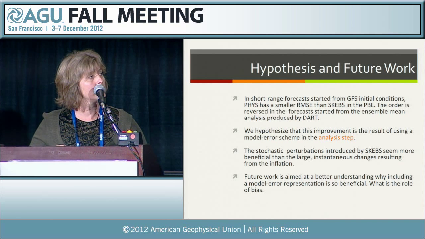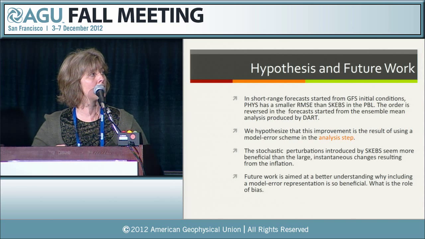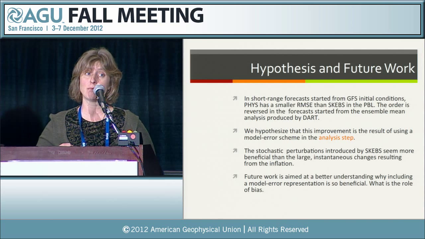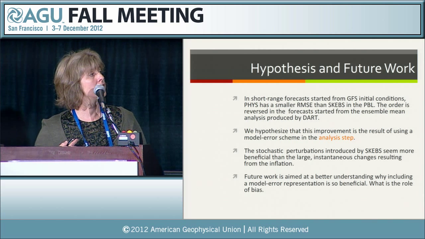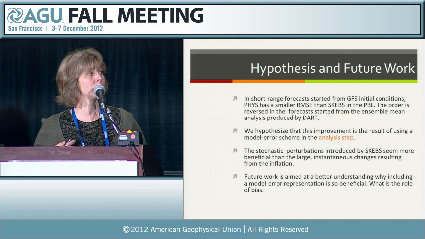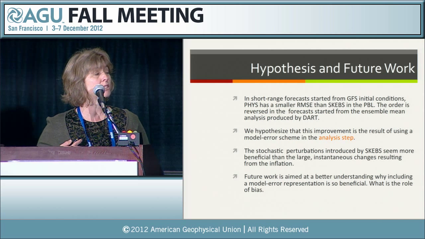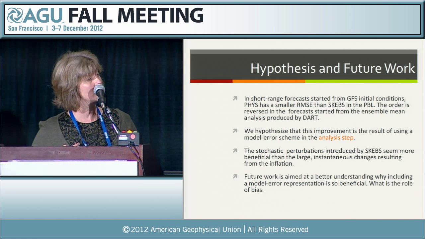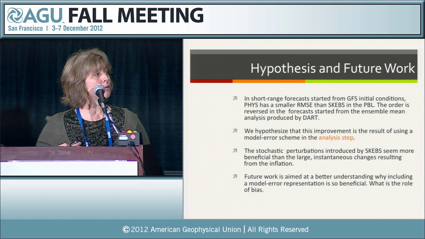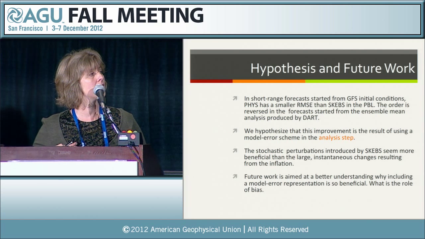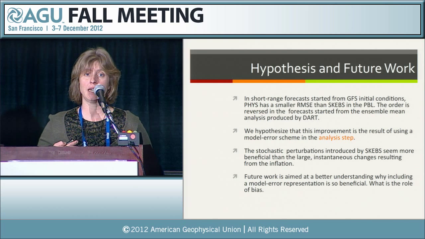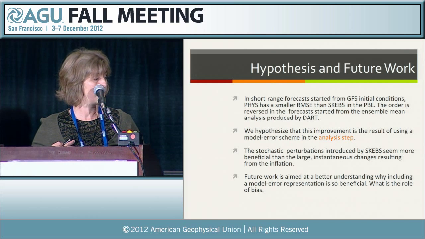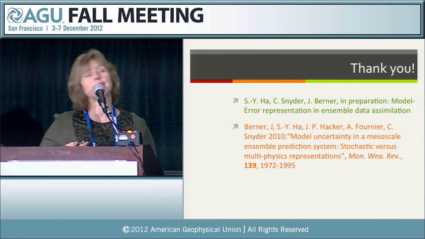We think that this improvement is the result of using a model error scheme in the analysis step rather than the forecast step. The stochastic perturbations introduced by SCAPs seem more beneficial than the large instantaneous changes resulting from the adaptive inflation scheme. Our future work is aimed at a better understanding of why including a model error representation is so beneficial at the data assimilation step and what the role of the bias is.